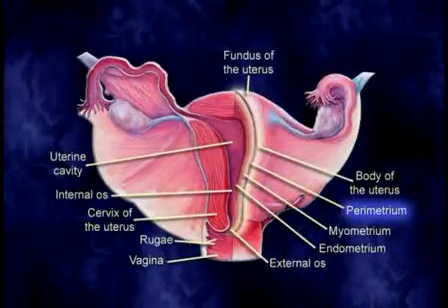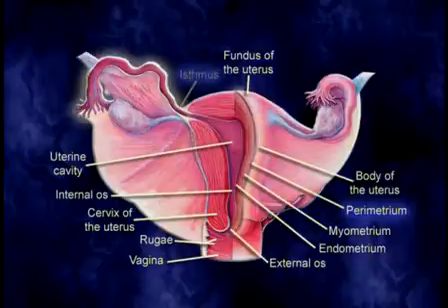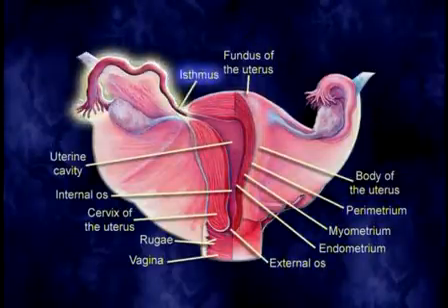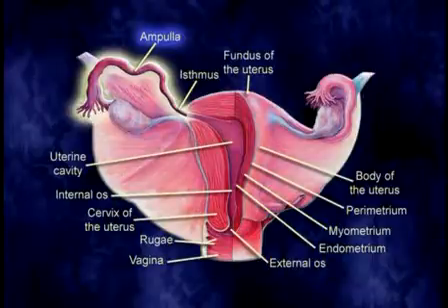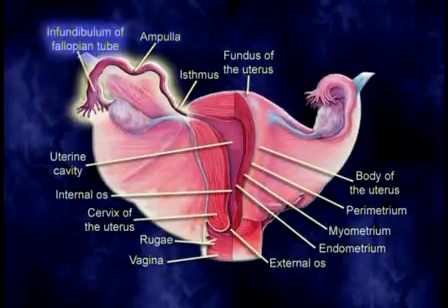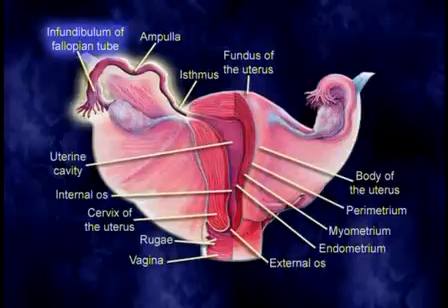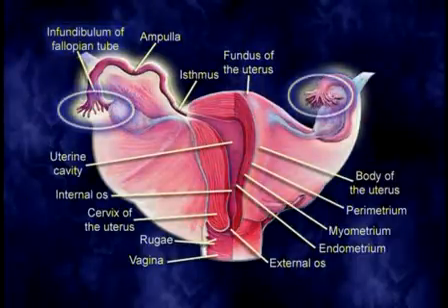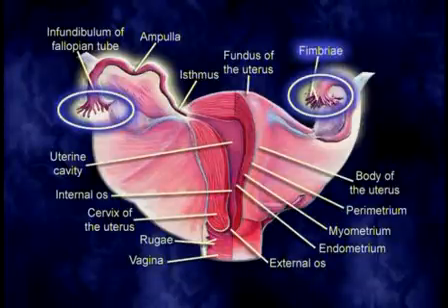Finally, the tubes come off a narrowed opening here. This is called the isthmus, the pathway, the ampulla, which is a wider opening, and finally the infundibulum of the uterine or fallopian tube. These little fingers can swirl. They're called the fimbria of the fallopian tubes.